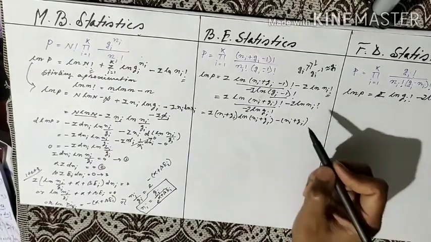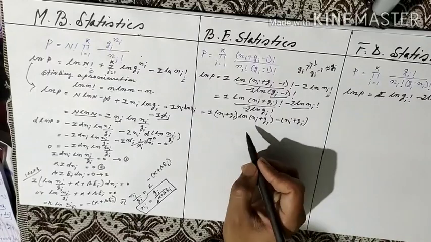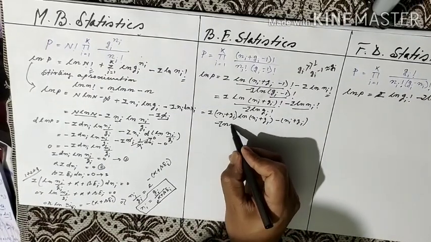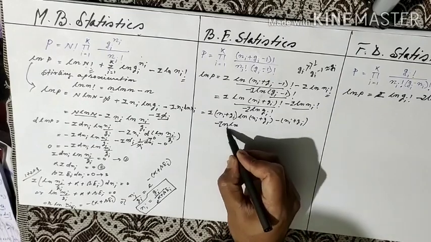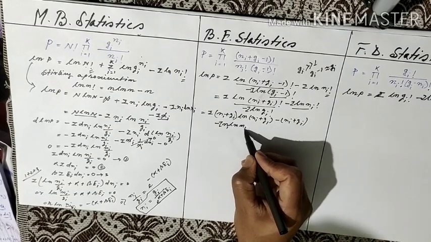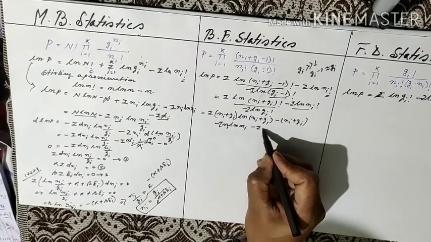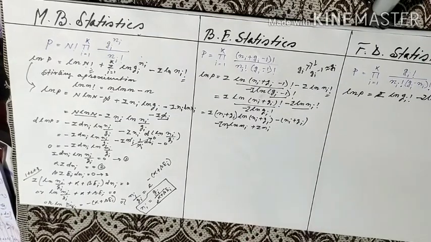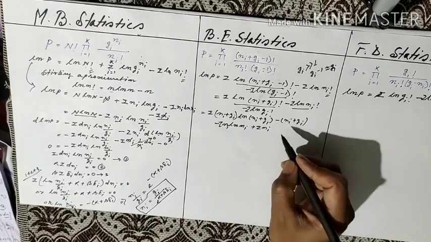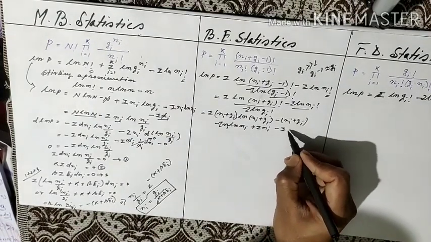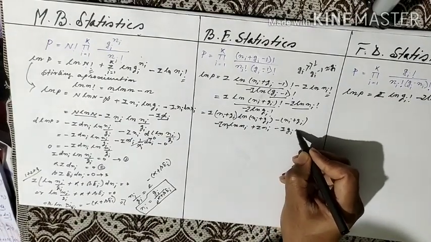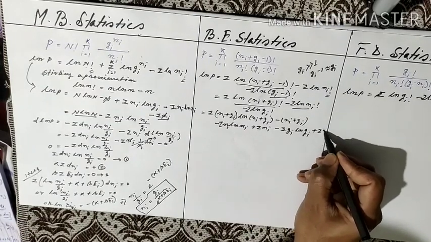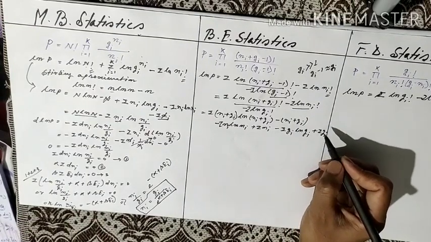Then for the second one, again minus summation ni ln ni, minus summation of ni. This minus will be plus. Then minus summation of gi ln gi, minus minus plus again, summation of gi.